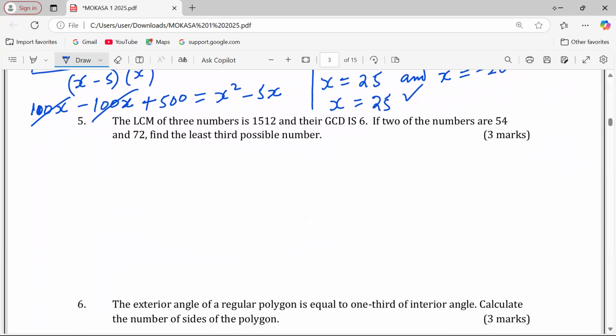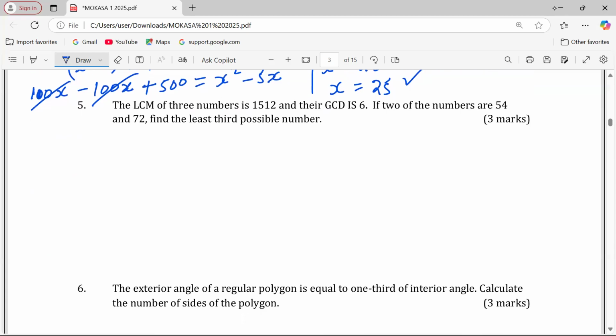Number 5, which is on factors and LCM. The LCM of three numbers is 1,512, and their GCD is 6. If two of the numbers are 54 and 72, find the least possible third number.